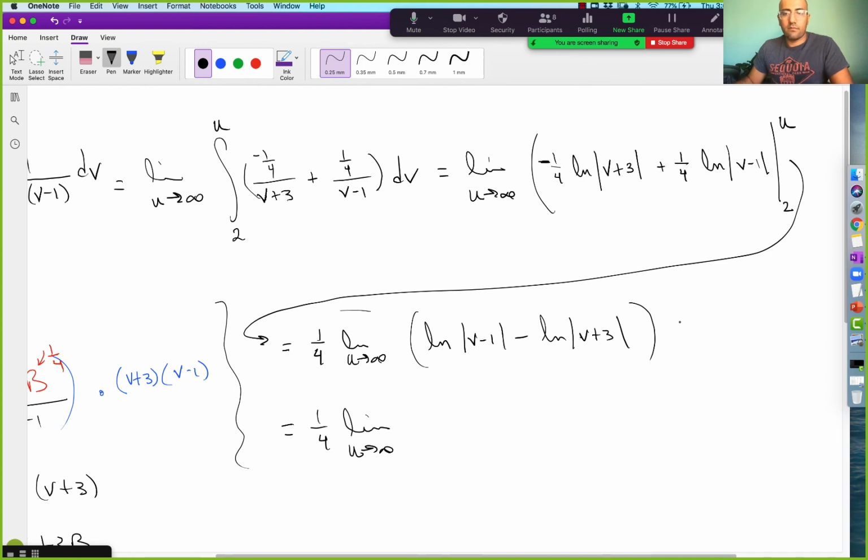Oops, forgot to put my limits of integration here. This is as v ranges from 2 to u. And this is then going to be equal to the limit of ln of v minus 1 over v plus 3, absolute values, evaluated from 2 to u.